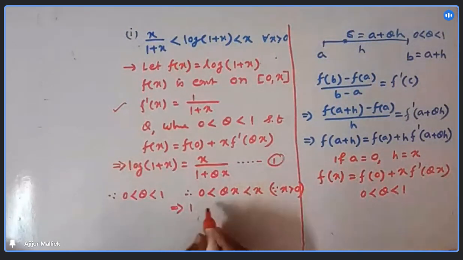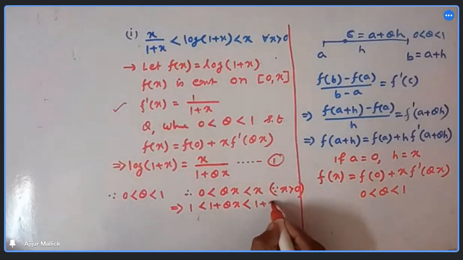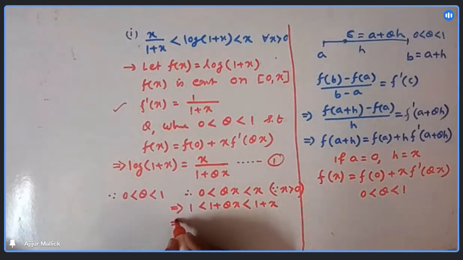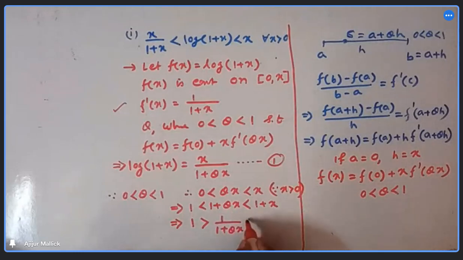So 1 is less than 1 plus theta x is less than 1 plus x. Now I take the reciprocal, then 1 is greater than 1 divided by 1 plus theta x greater than 1 by 1 plus x.